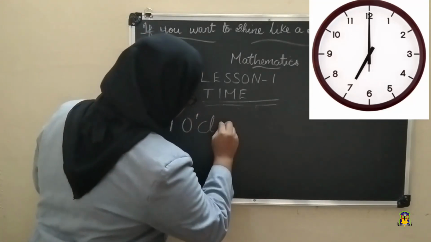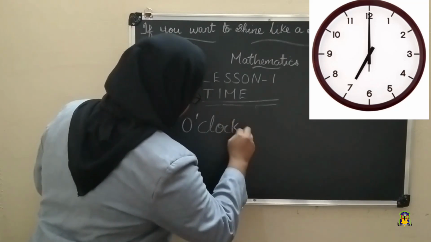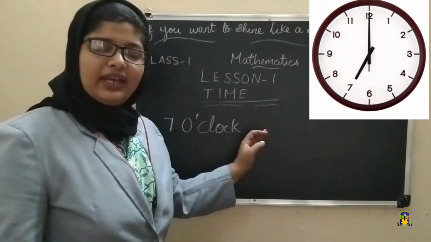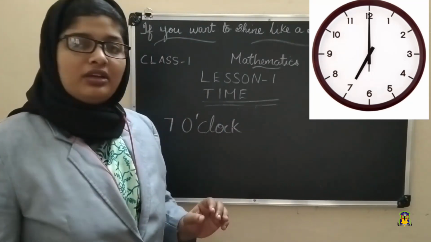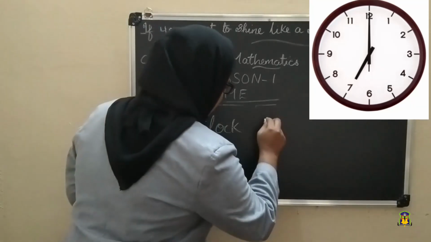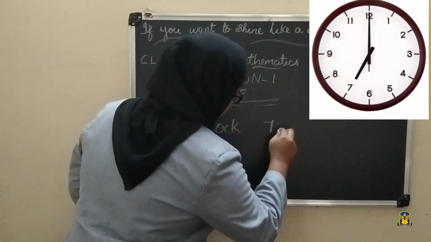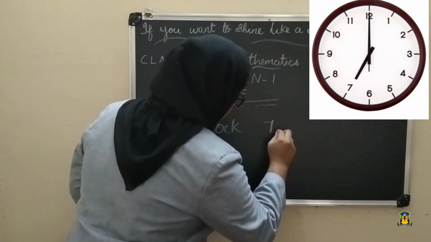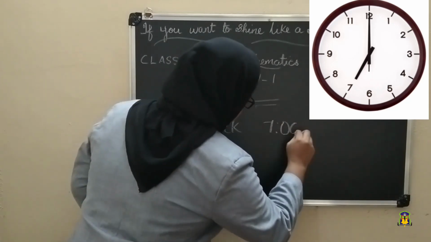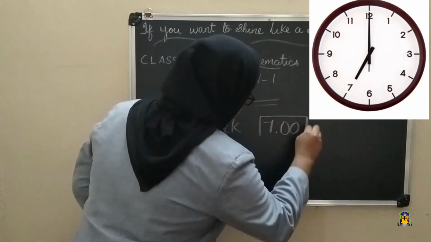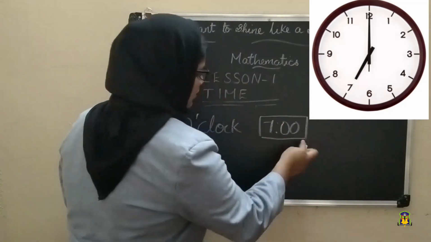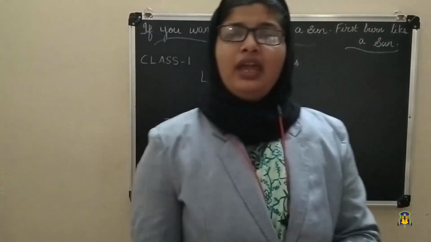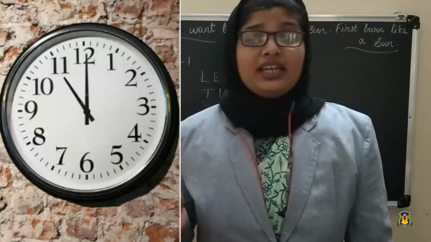How can we write this 7 o'clock? Yes, we can write like this: 7, put two dots on top and bottom, then write 0, 0. 7 o'clock.